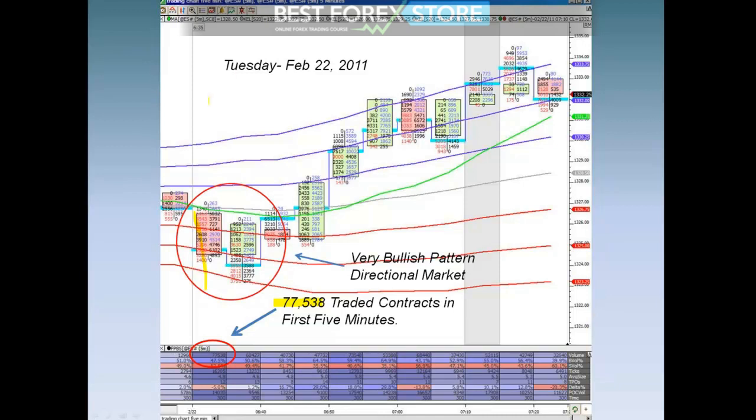Because take a look at what happens on the following candle. What happens is we get 60,000 in terms of volume. But more importantly, what happens to the range extension? If we were going down and you saw 60,000 contracts in volume after 77,000 and the trend is lower, wouldn't you expect that the range extension would be a little bit more than just 1, 2, 3, 4 ticks?